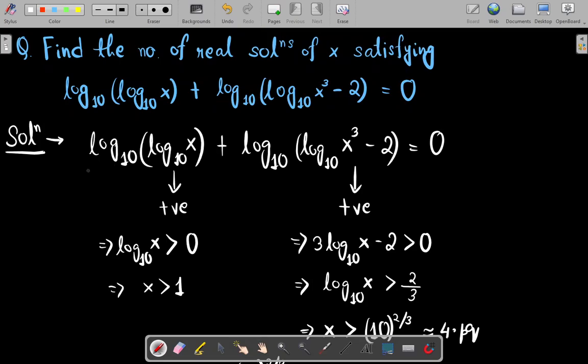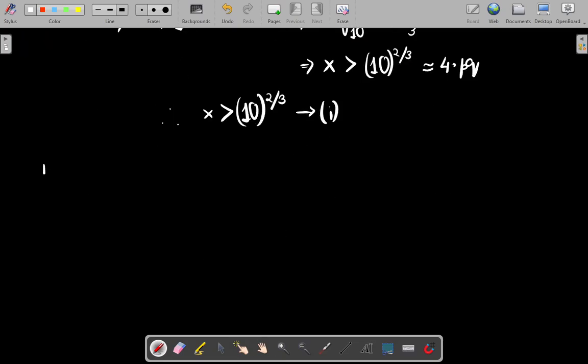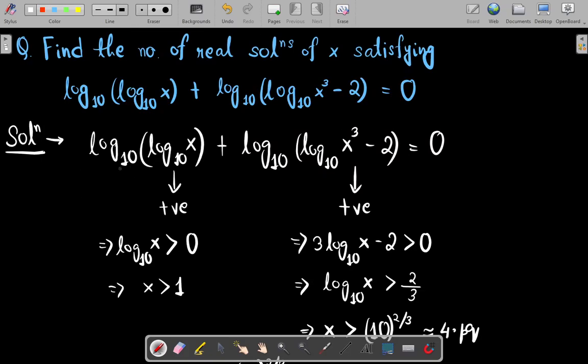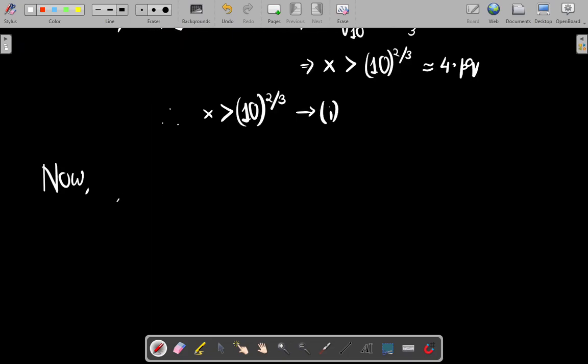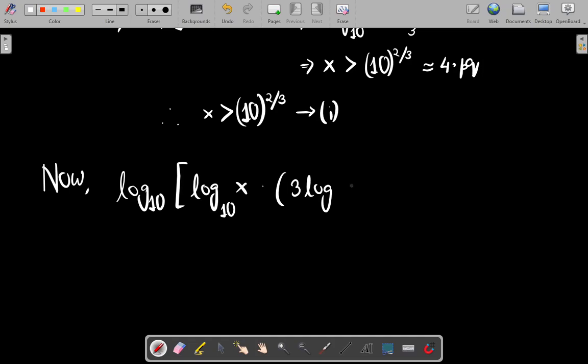Now again, let us look at the original equation. It is of the form log a plus log b, so we can use the product rule, log of ab. So this becomes log of log x times 3 log x base 10 minus 2 is equal to 0.